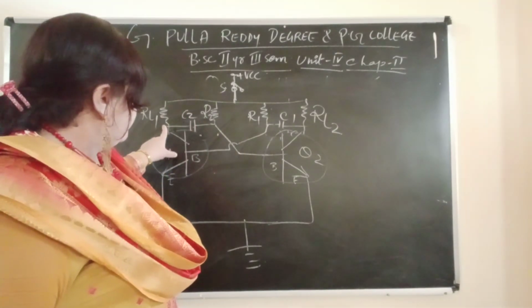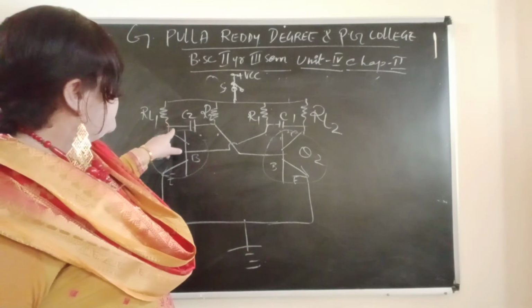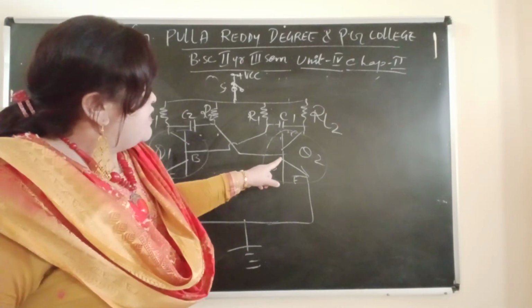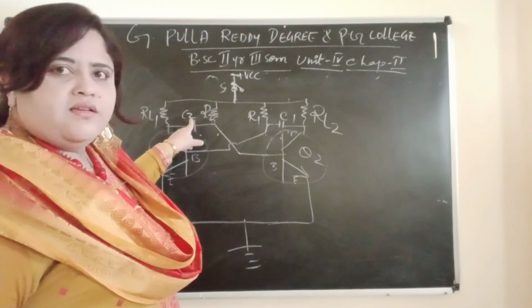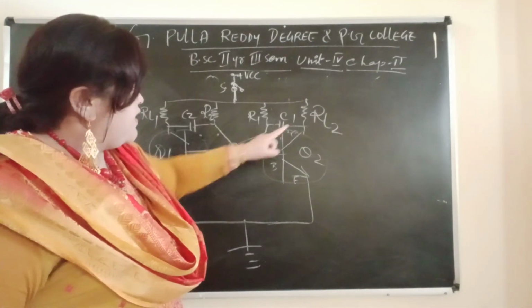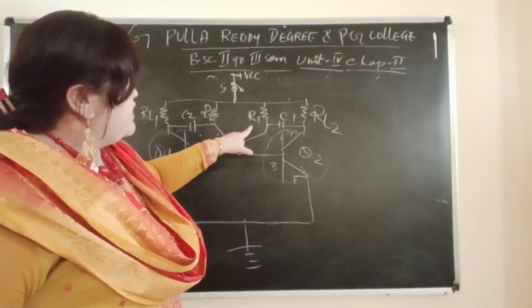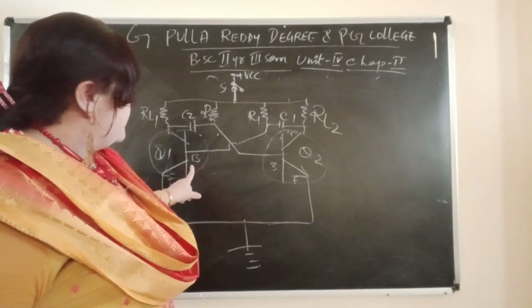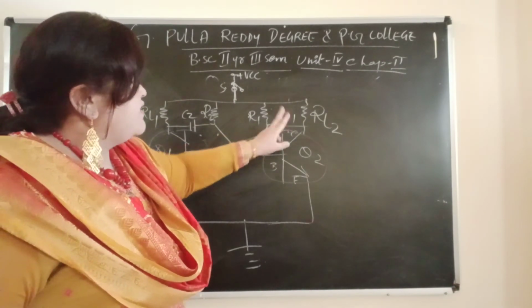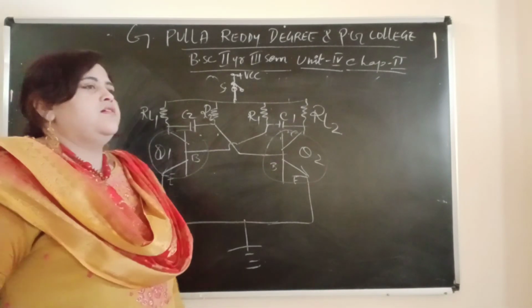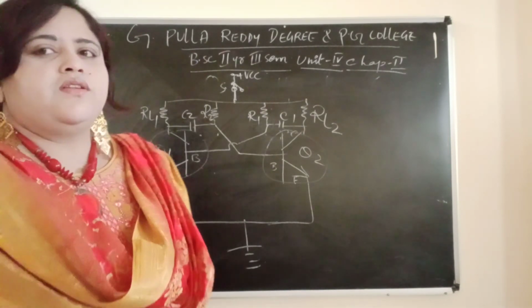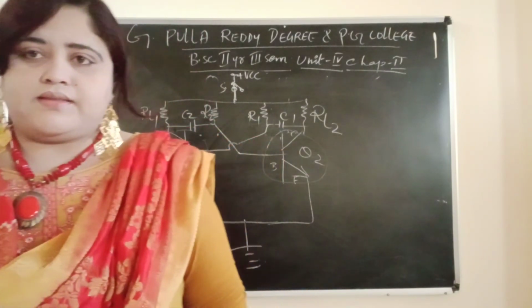Output of Q1 is going as an input to Q2 with the help of resistor R2 and C2. Whereas output of the second is going as an input to the first with the help of R1 and C1. Simple circuit description.